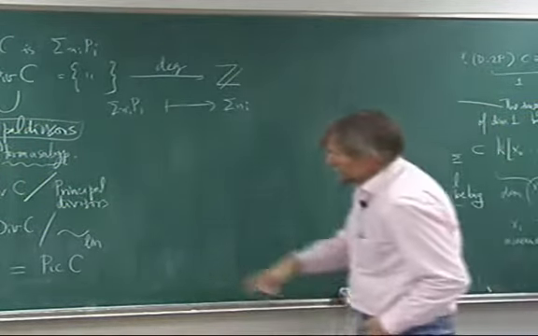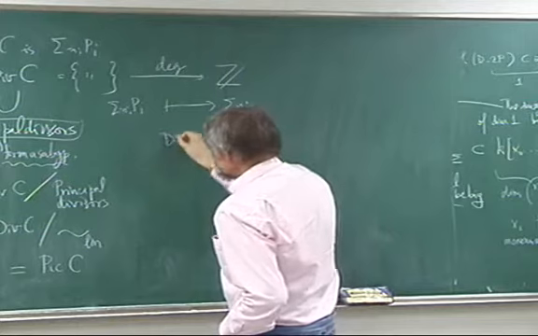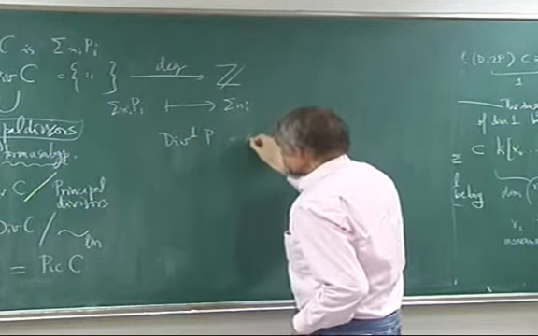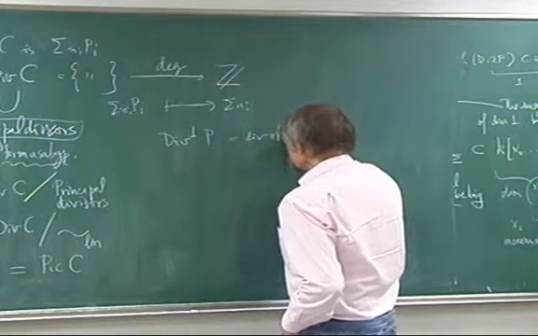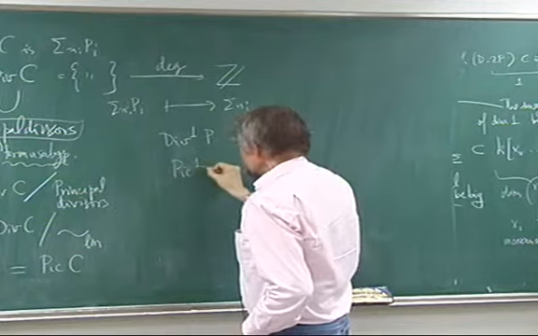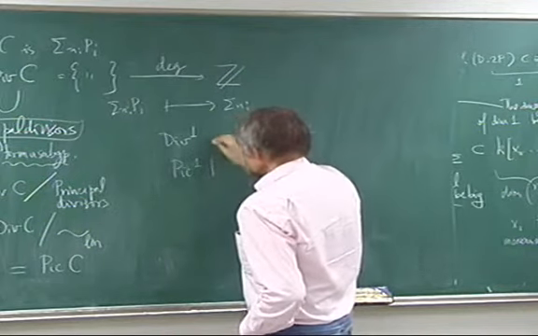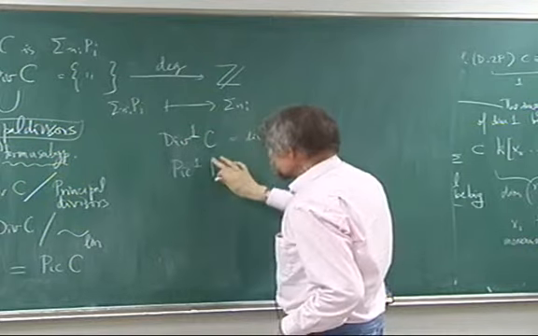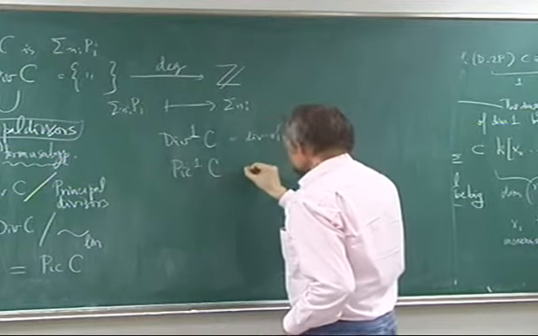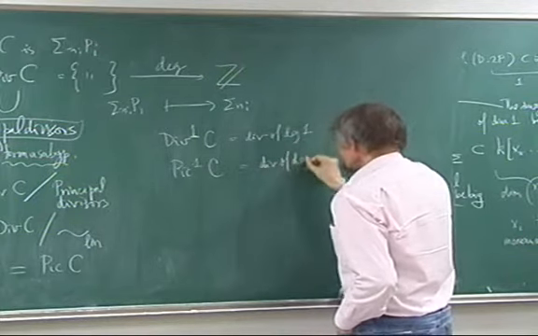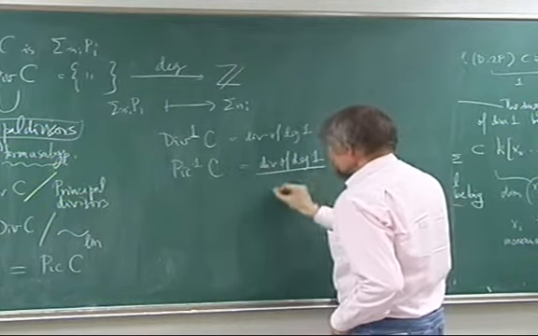So I can talk about Div 1 to mean divisors of degree 1, and I can talk about Pic 1 of C. Sorry, this is Div 1, and this is Pic 1 of C. So this is divisors of degree 1 up to linear equivalence.